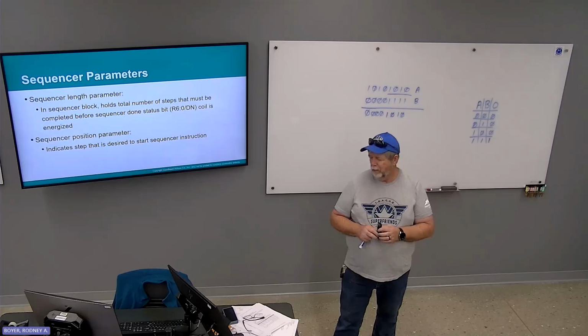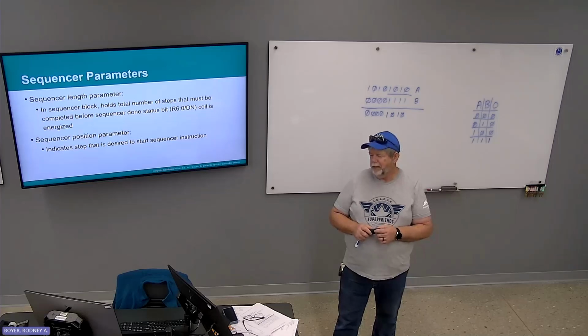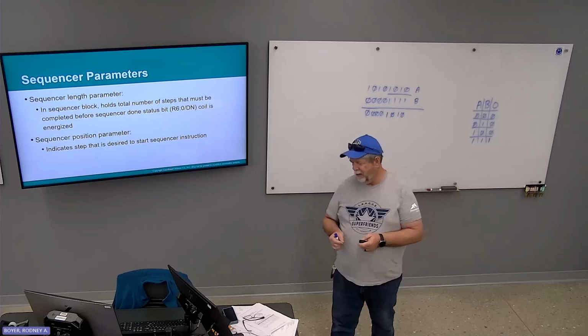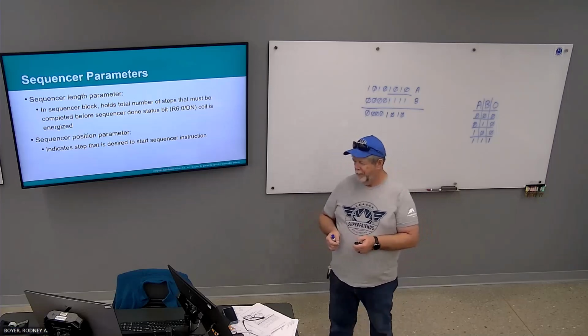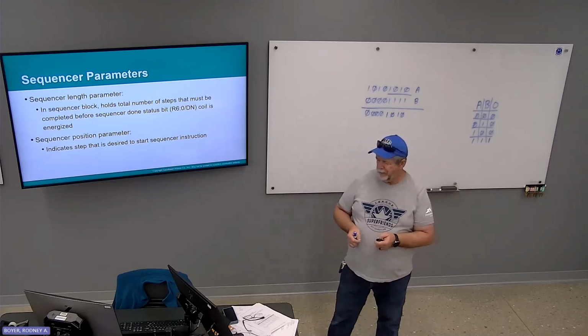Sequencer length parameter: the sequencer block, the total number of steps that must be completed before the sequencer status bit done coil is energized. Sequencer position parameter indicates the step that is desired to start the sequencer instruction.